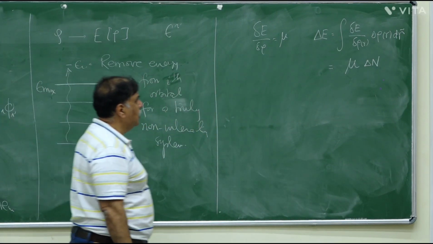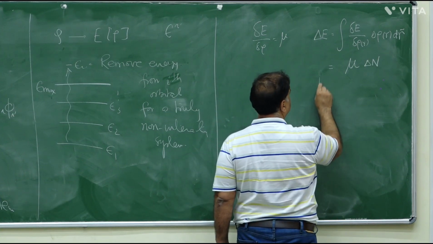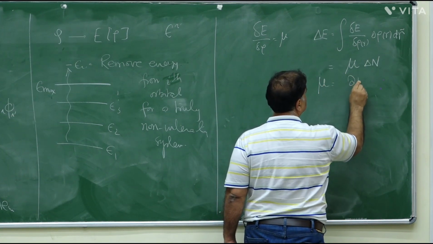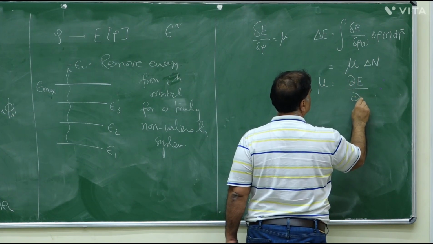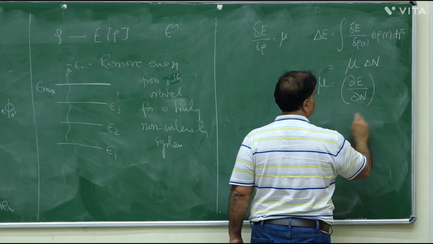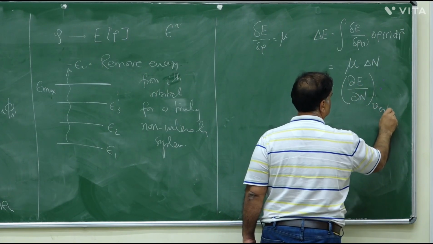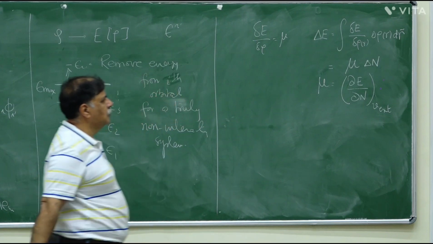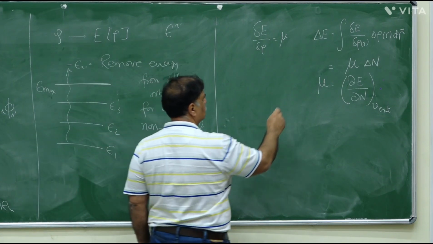And therefore, you can write mu equals dE/dN at fixed V external. This is the chemical potential.